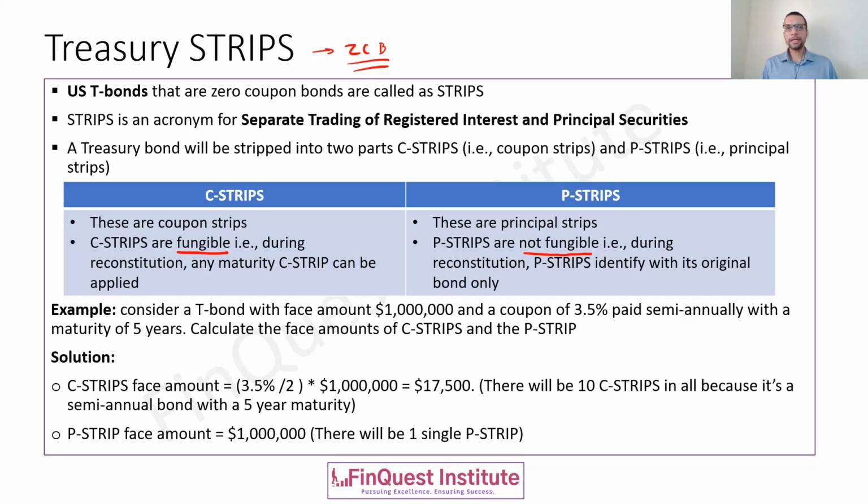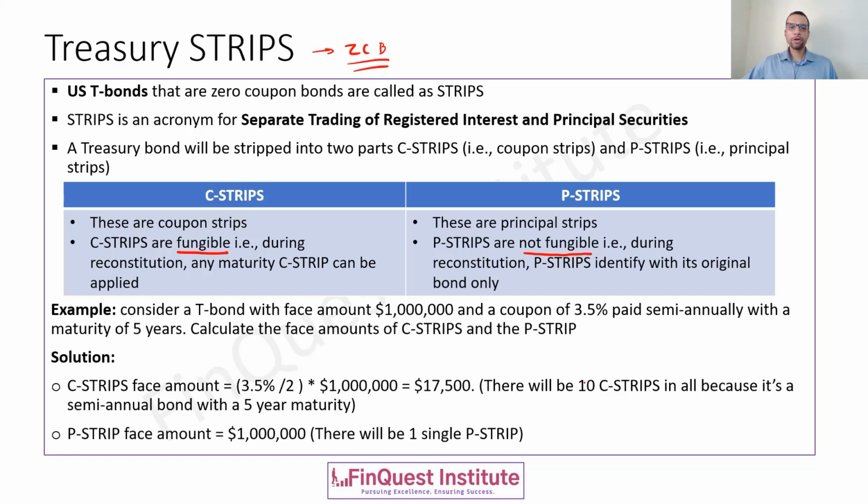We are interested in calculating the face amounts for the coupon strips and the principal strips. For coupon strips, the face amount will be 3.5% divided by 2, because 3.5% is being paid semi-annually. That's why the adjustment of division by 2, times 1 million, which gives 17,500 US dollars.